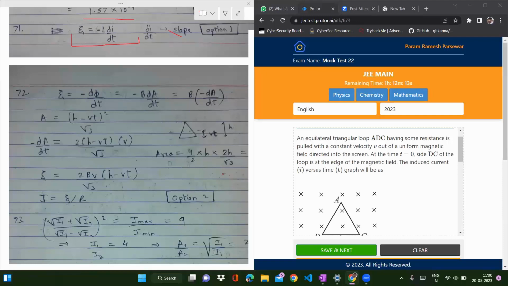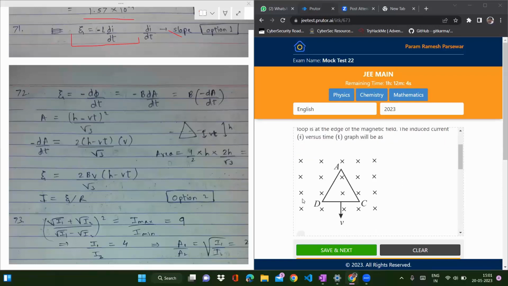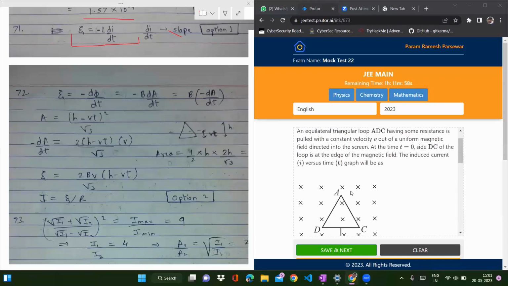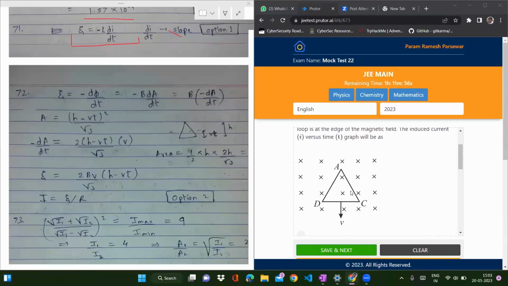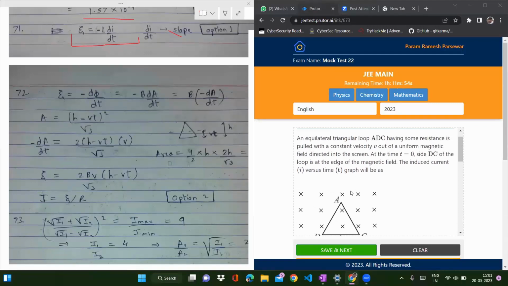Now we know one thing: when there is variation of the magnetic flux through a closed loop, due to the magnetic field, the flux is given by the magnitude of magnetic field B times area vector A, the dot product of B vector and A vector. The change in flux will generate an induced EMF.